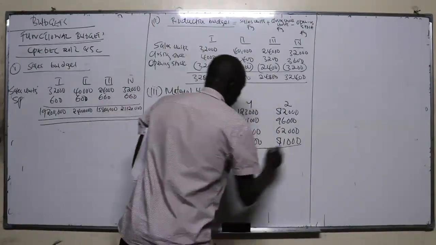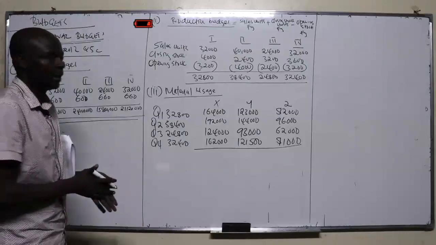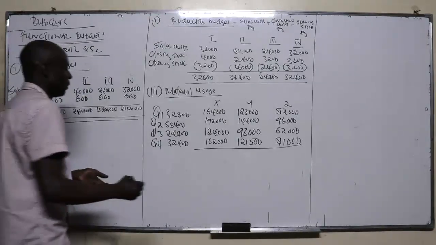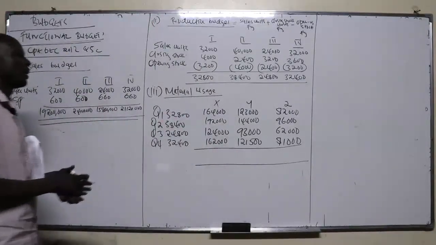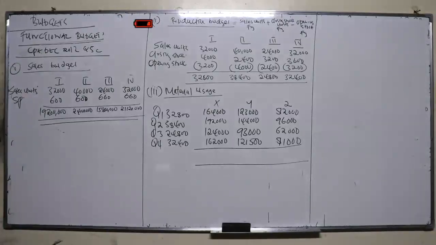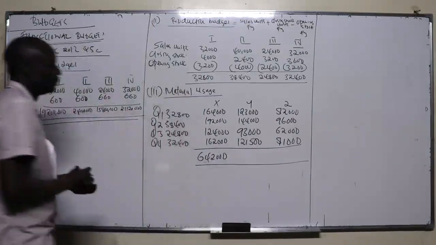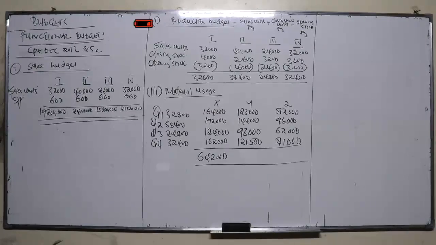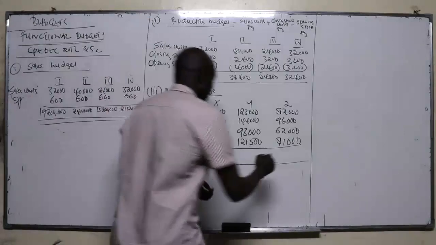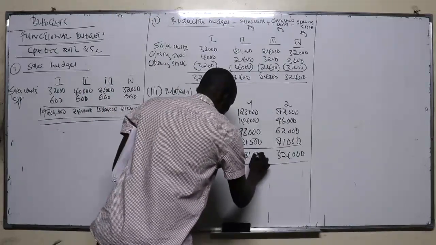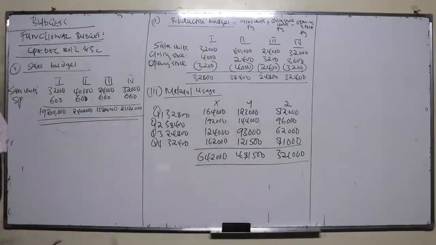So now, if you want to know the total material that you're going to use in the whole year, you add it downward. This is the total usage. The total usage for material X, material Y, and material Z. 642. 321. 321,000. So that is the total material usage for those two.